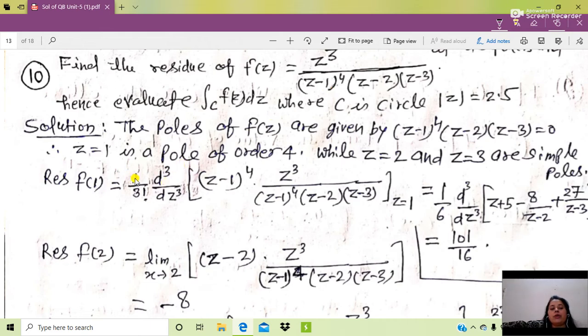So it will be 1 upon factorial (n minus 1), that is 1 upon factorial 3, times the (n minus 1) derivative, meaning the third derivative, of (z minus 1) to the power 4 into f of z. So (z minus 1) to the power 4 will be cancelled, and we have to differentiate this function 3 times, and after differentiation we have to put z is equal to 1 and it will be multiplied by 1 upon factorial 3.